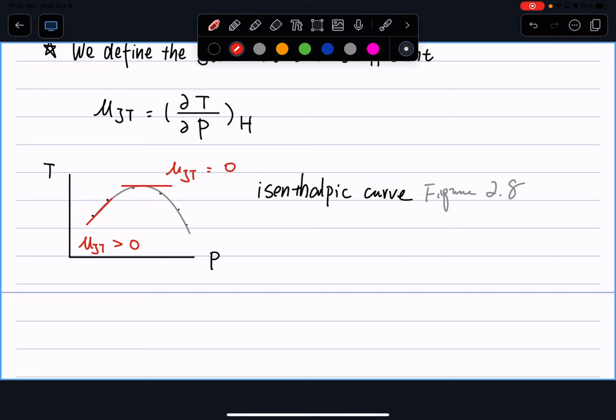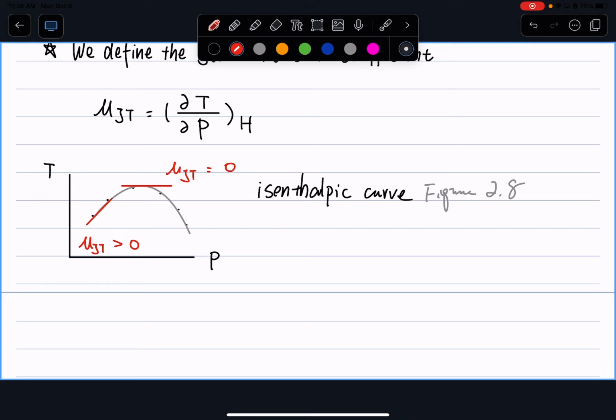So what does that positive Joule-Thomson coefficient mean? It tells you, for example, that we start from pressure P1 and end up at pressure P2. In that throttling process, your temperature will decrease when P2 decreases. That's what the positive slope tells you.